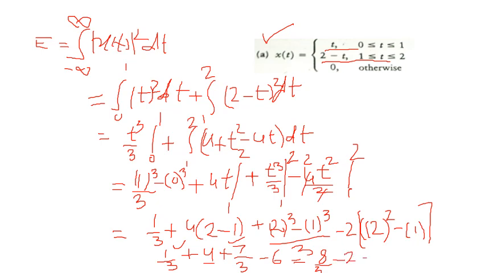So on simplification you get 3 here, then 8 minus 6, so you get 2 by 3, right?